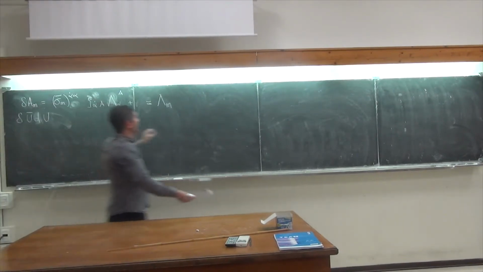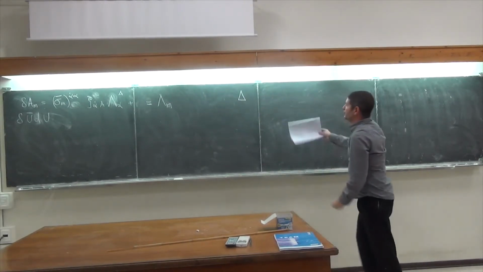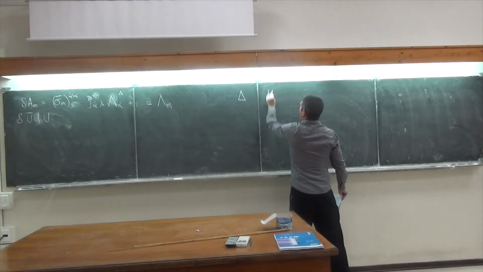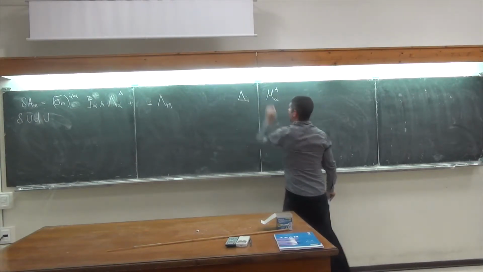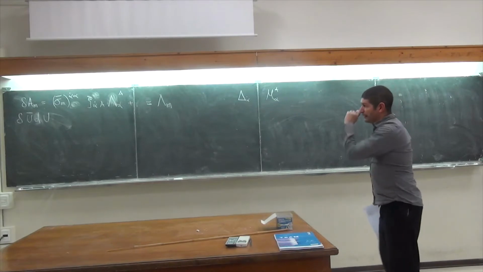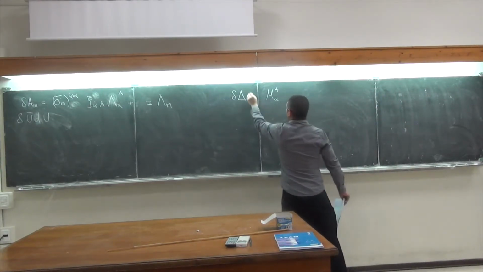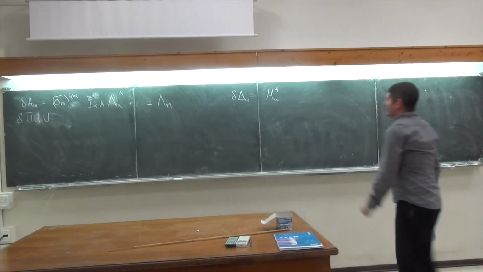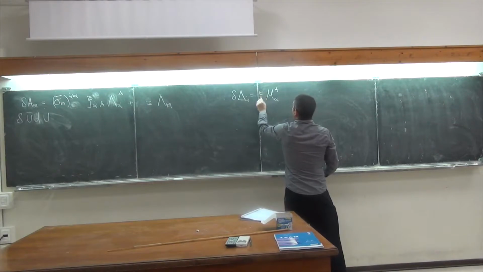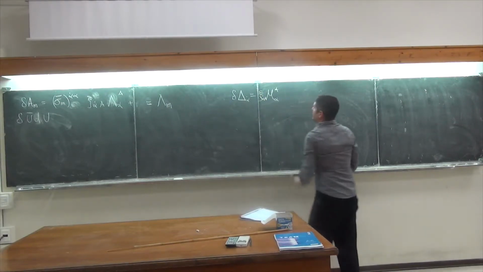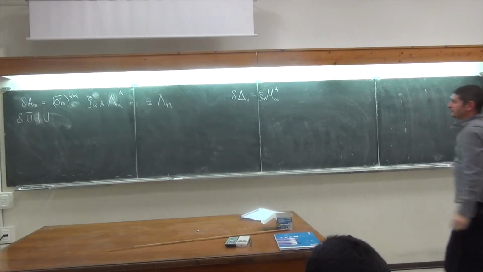But one was given in terms of delta, and the other was given in terms of M. This was lambda alpha dot. Therefore, what we can do, let's say then lambda is equal to C alpha dot A_m.